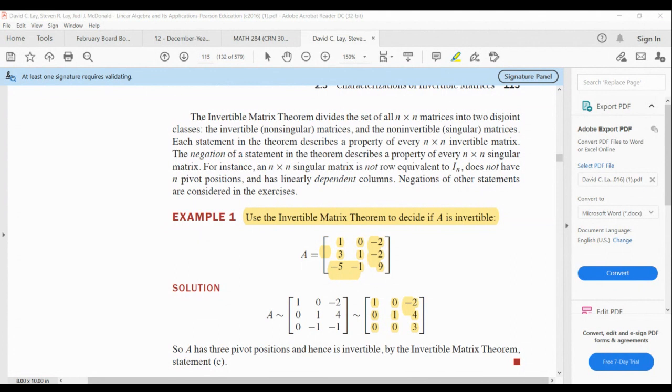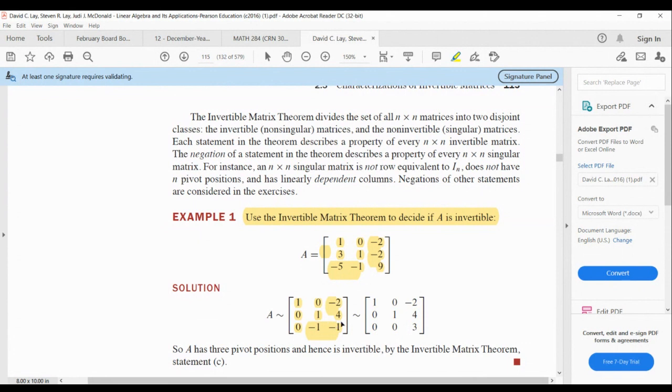On the first stage here, they took the first row, multiplied it by -3, added that to the second row, and put the result in the second row, and then they added 5 times the first row to the third row, and put the result in the third row.